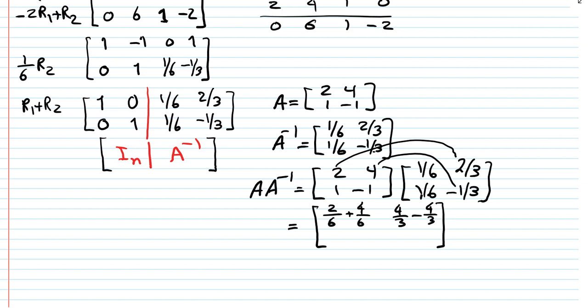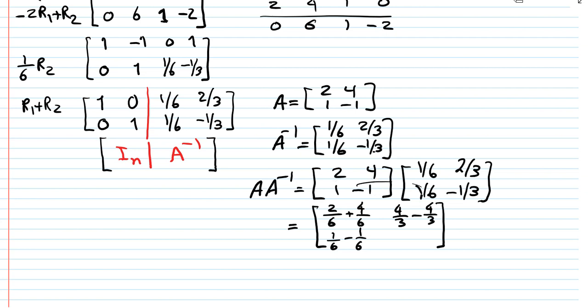True? Let's try this position. In that position, we have second row, first column. So I'm going to do second row, first column. 1 times 1/6, -1 by 1/6. Those become opposites, but let me write it anyway. That's 1/6, -1/6.